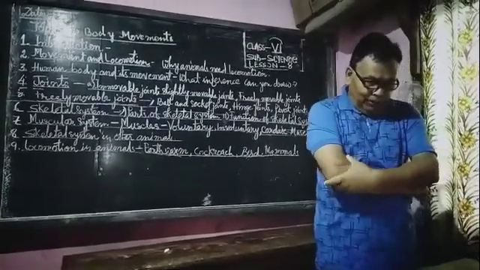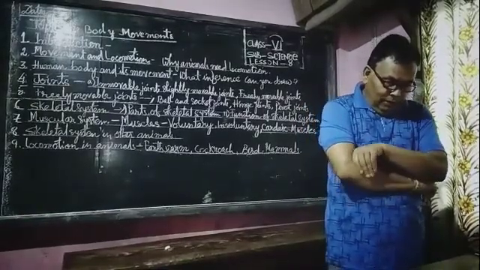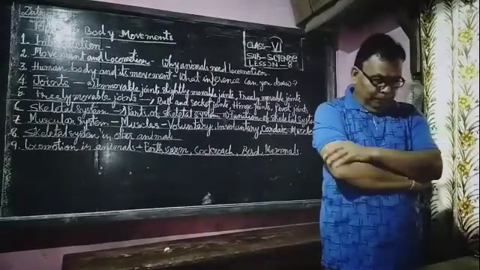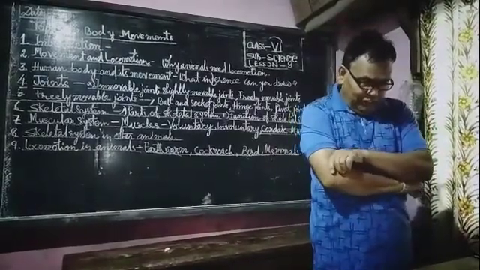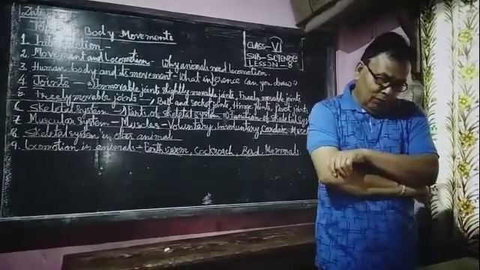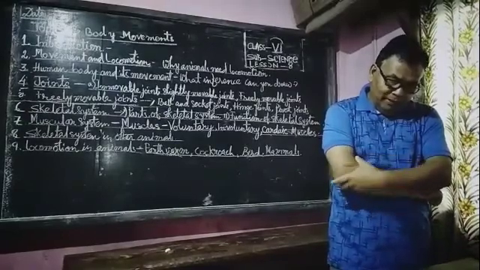the digestive system performs the function of nutrition. Respiratory system helps in breathing and gaseous exchange. And circulatory system is for the internal transport of materials.